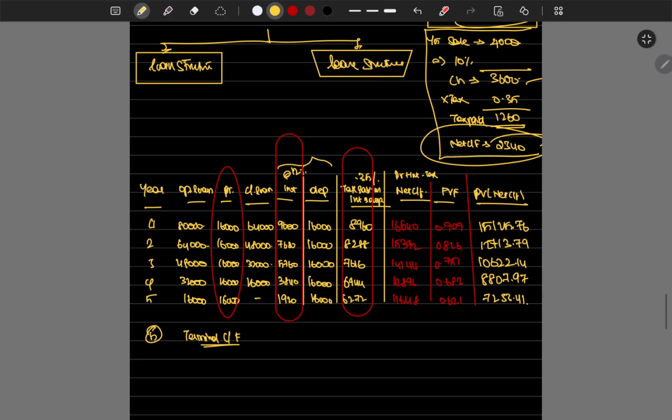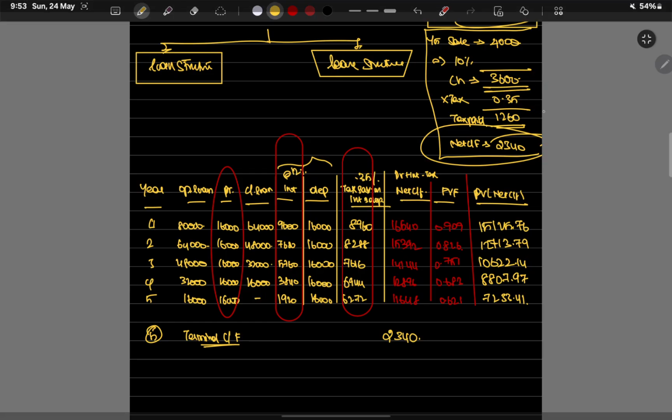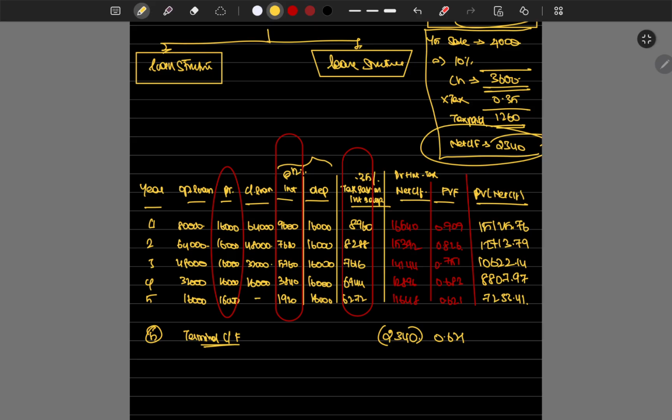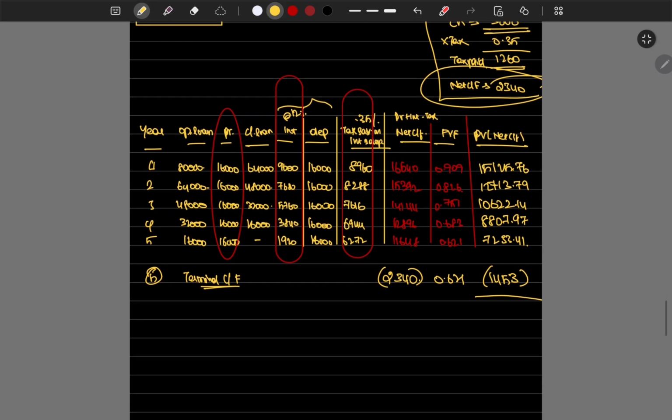So the net cash inflow we get is 2,340. 2,340 into 0.621 is 1,453. That gives us the present value of the loan cash outflow.